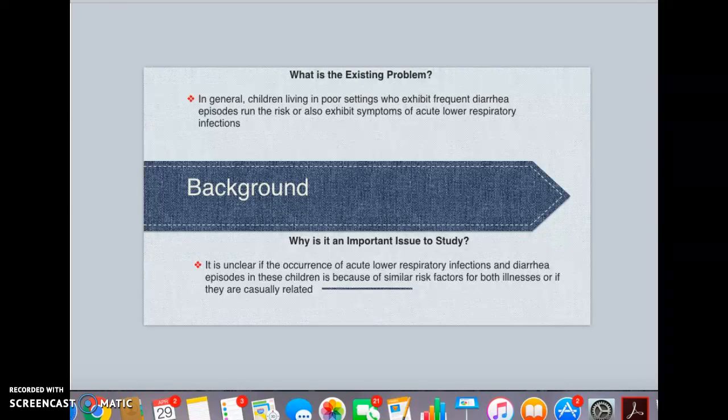What is the existing problem? In general, children living in poor settings or who exhibit frequent diarrheal episodes run the risk of also exhibiting symptoms of acute lower respiratory infections. Although hundreds of studies have documented the association between family poverty and children's health, achievement, and behaviors, few measures of these effects have focused on timing and depth and duration of poverty of these children.